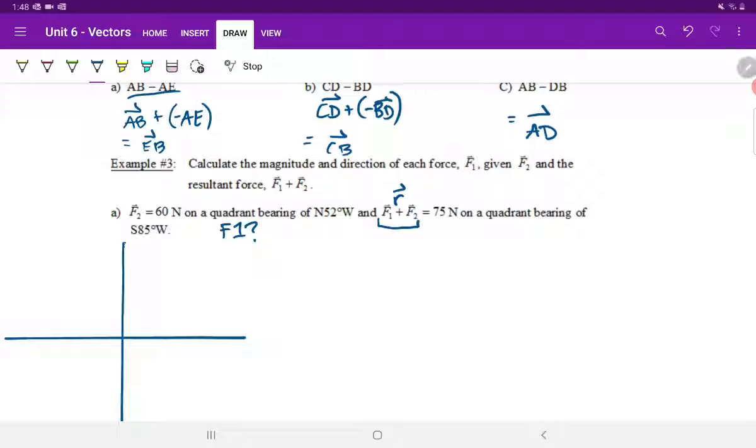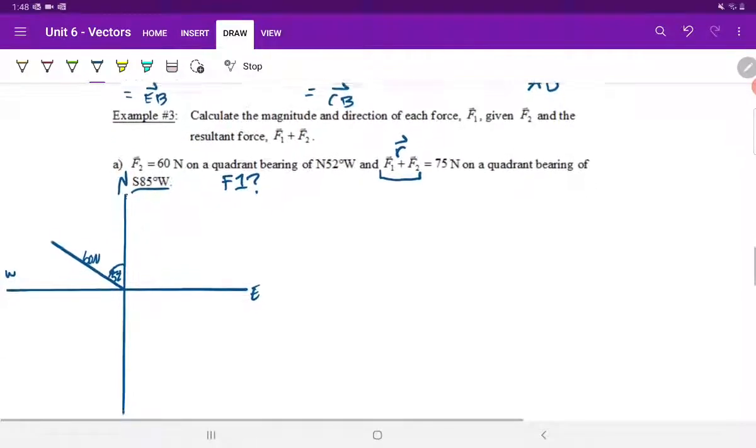Okay, so let's draw F2, 60 newtons, north 52 degrees west. So north 52 degrees west would be somewhere right about there, let's say. That's 60 newtons, and this is a 52-degree angle. And we've got F1 plus F2 is 75 newtons on a quadrant bearing south 85 west.